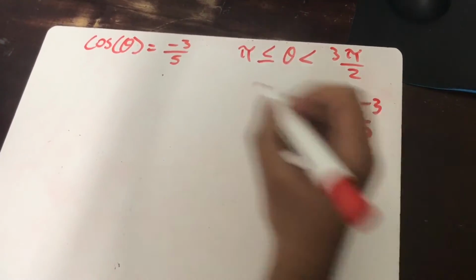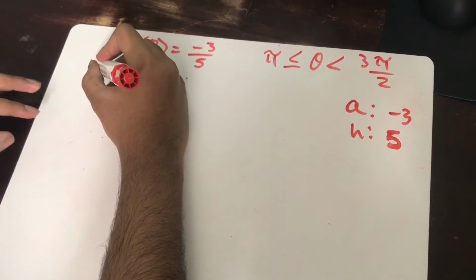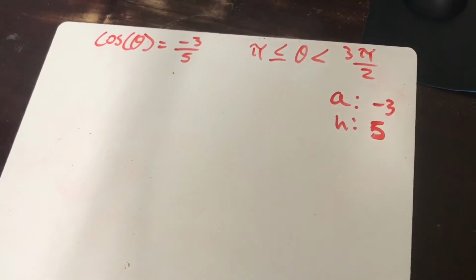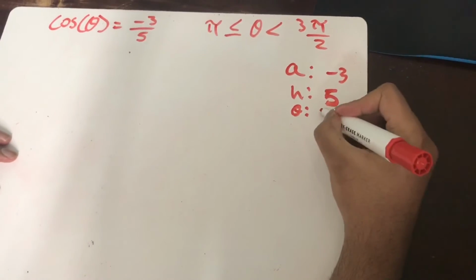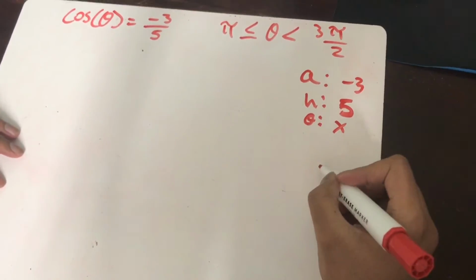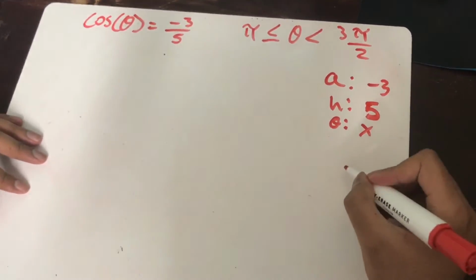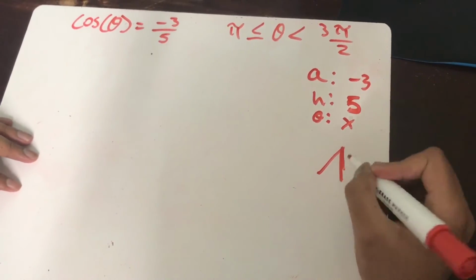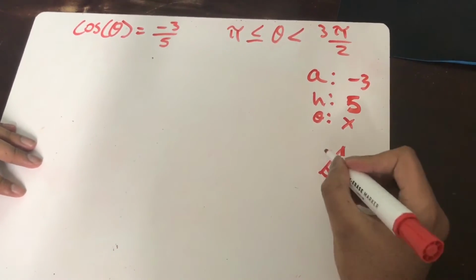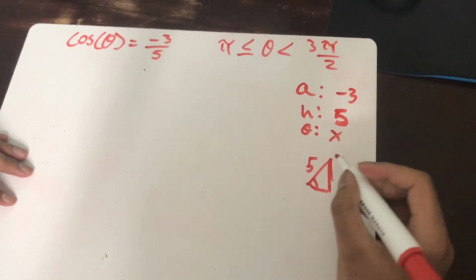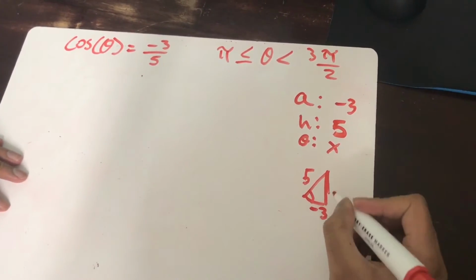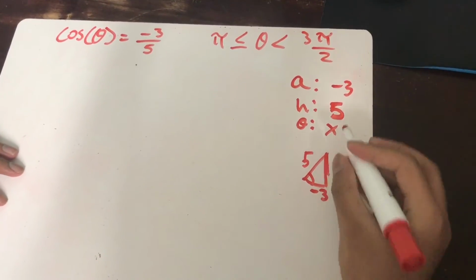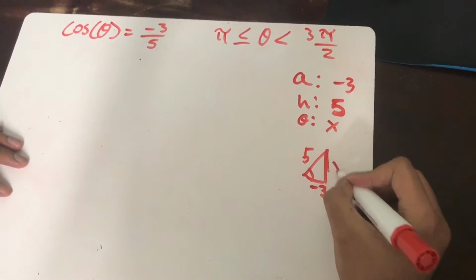So now we have to figure out sine first. So we know sine is opposite over hypotenuse, but we don't know what opposite is. So let's write it as x. We can find x by using the Pythagorean theorem. So our hypotenuse is 5, then our adjacent is 3, and then opposite is going to be x.